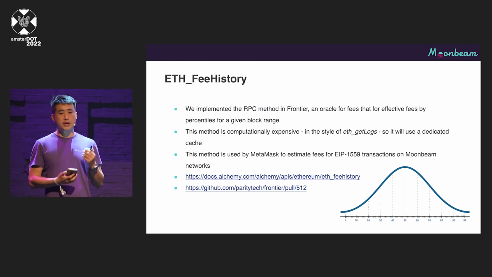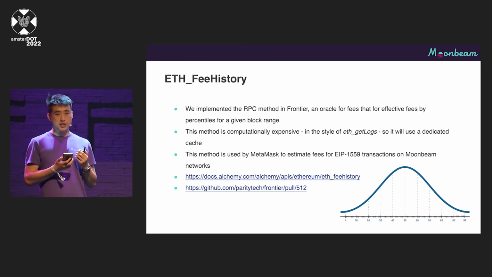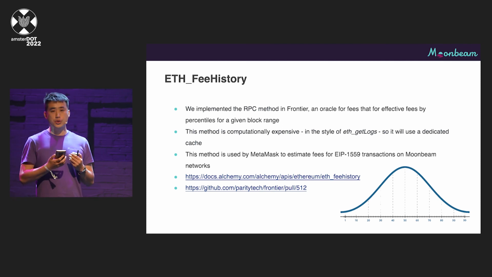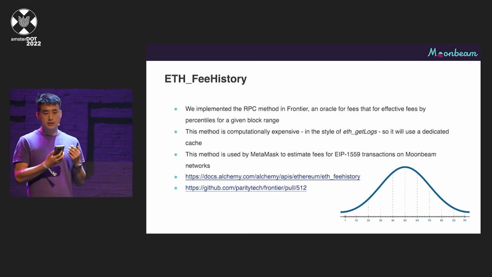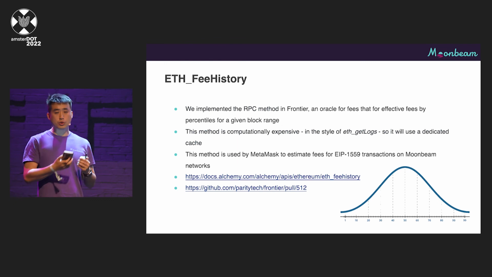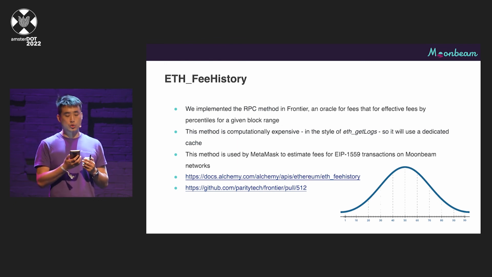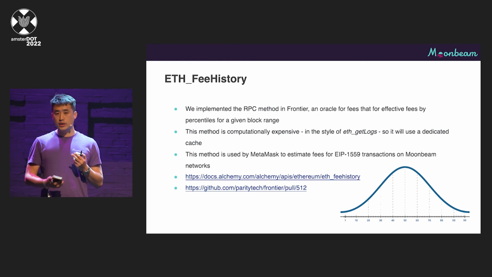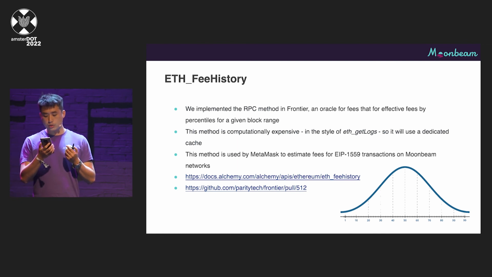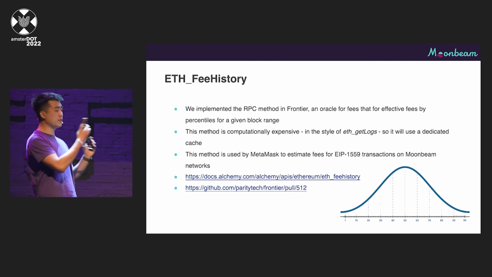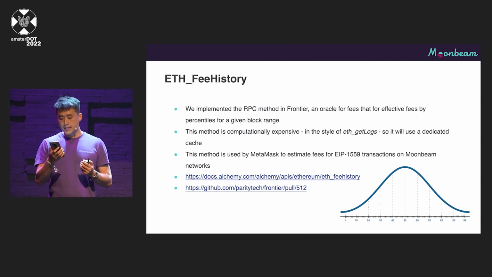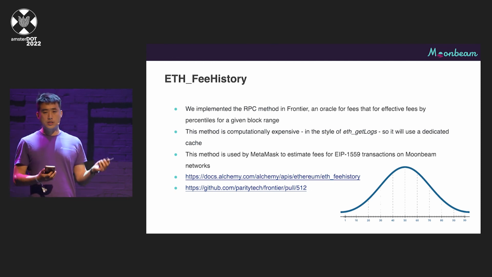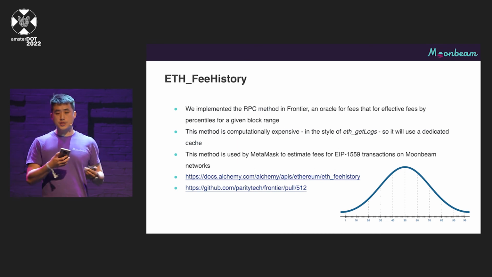Because this method is very computationally expensive, kind of similar to eth_getLogs, we had to implement a cache. So we cached the latest block fees and also the previous 1,024 blocks, ready to use with all the range of the fees. 1,024 blocks is the maximum block range that you can query for this call by spec.